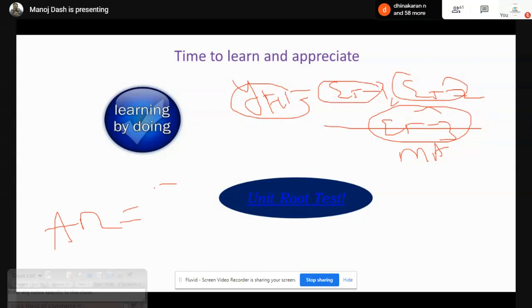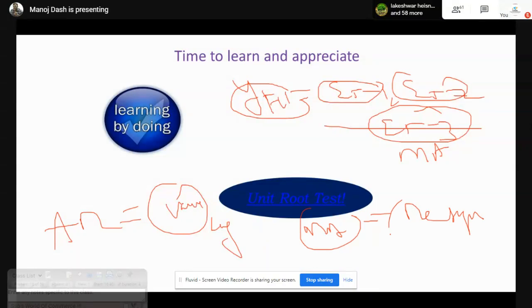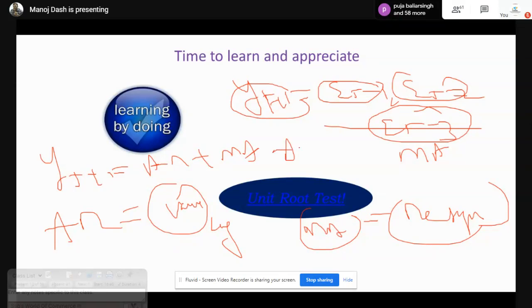Auto-regressive is based upon its own lag value, and moving average is based upon the residual value. Any doubt? No, sir. So when you develop the equation for Yt+1, it may be auto-regressive plus moving average, only auto-regressive, or only moving average. Clear?